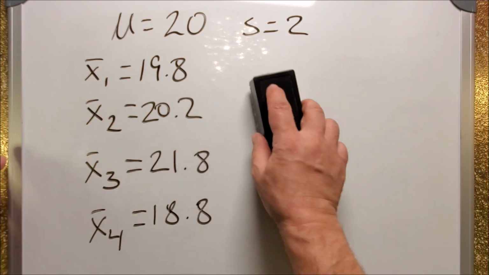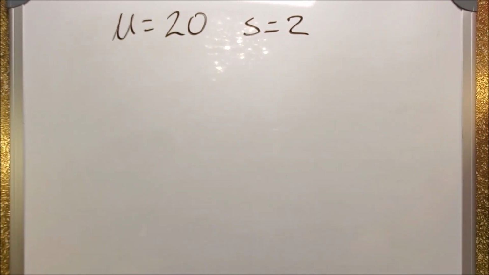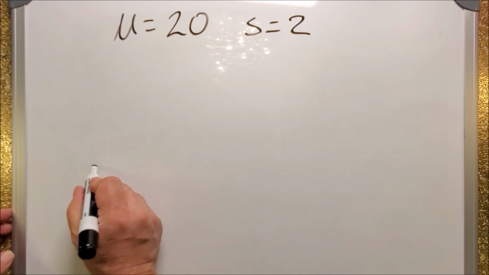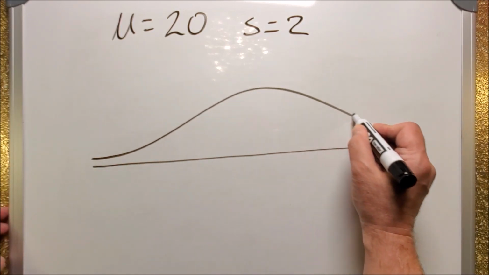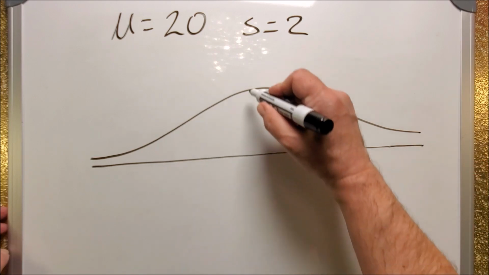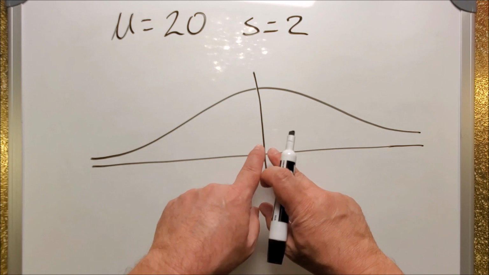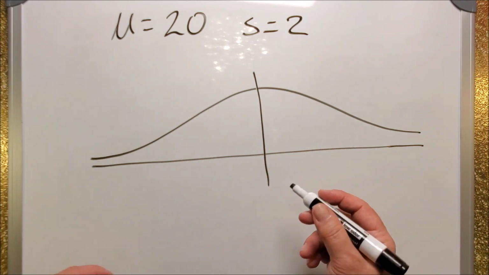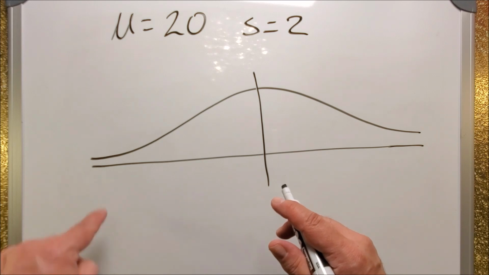What we're going to do is we're going to graph those. And here's where I'm going to contrast the sampling distribution with a regular normal distribution. Instead of being a distribution where the distribution is formed by different scores, we're going to take all those sample means that we just started to list.